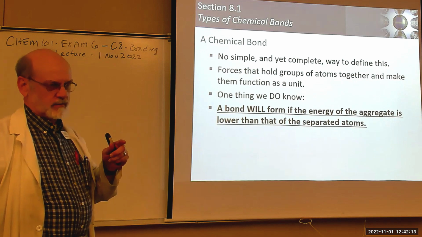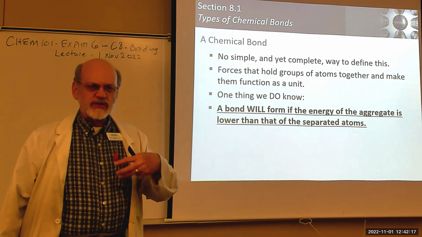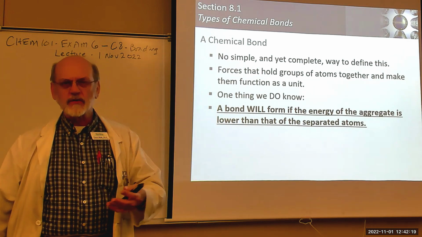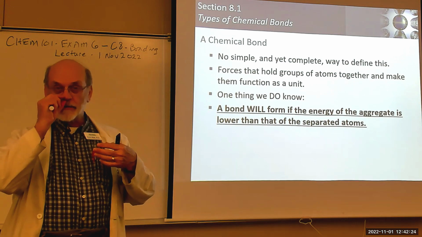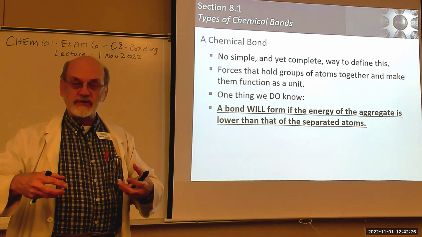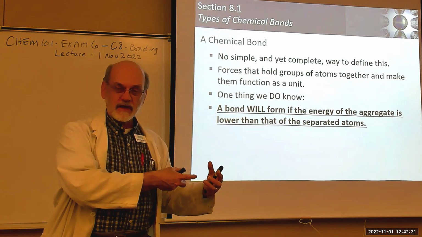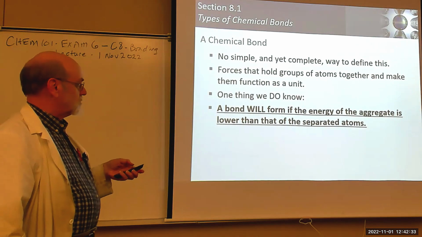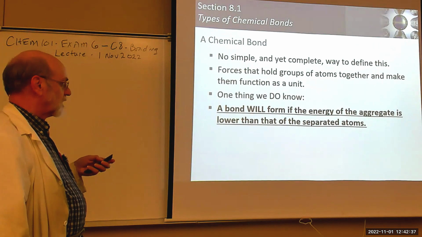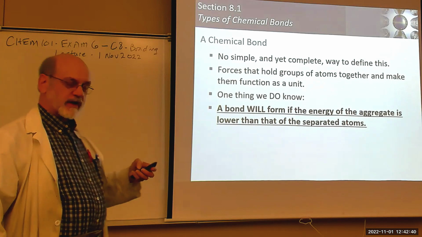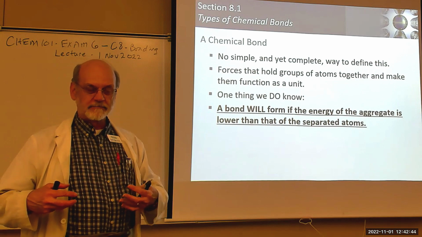One thing we do know is that if we budget or follow the amounts of energy that are available before a reaction, and then we assess the energy levels after the reaction, we find that molecules form or bonds are formed when the energy of the aggregate is lower than the energy of the individual atoms.